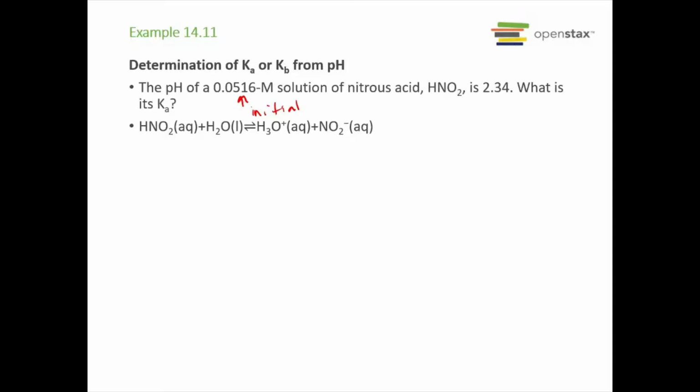So let's go ahead and start by making an ICE table here. Remember, water is not going to be part of it because it is a pure liquid. So our starting concentration is the 0.0516.